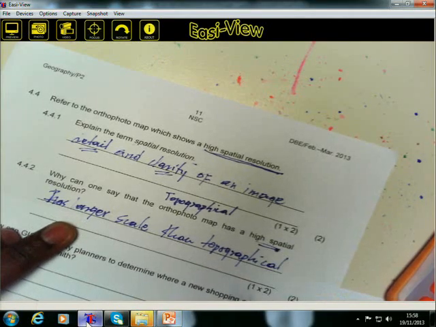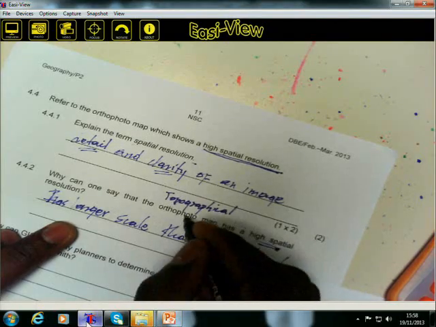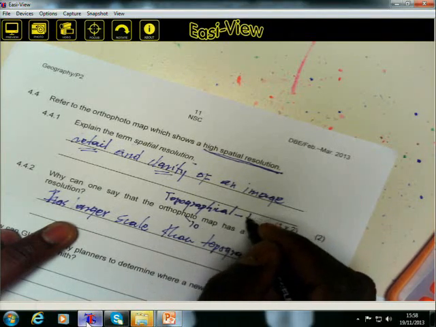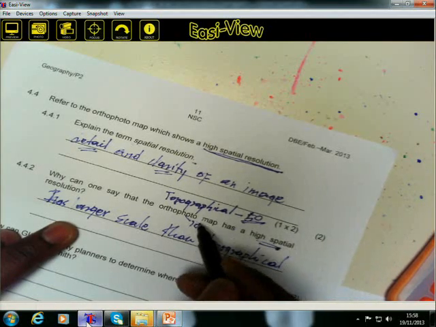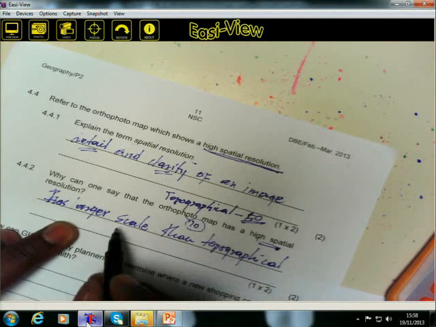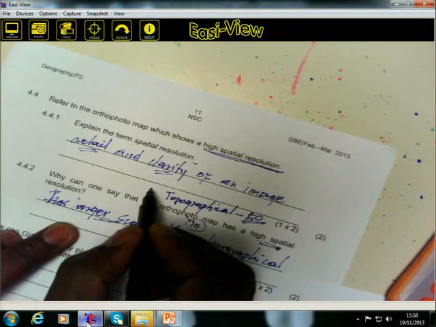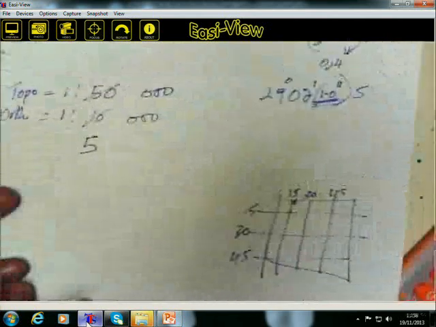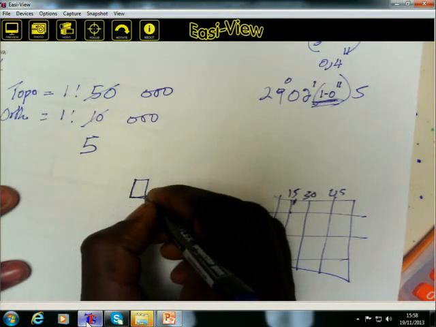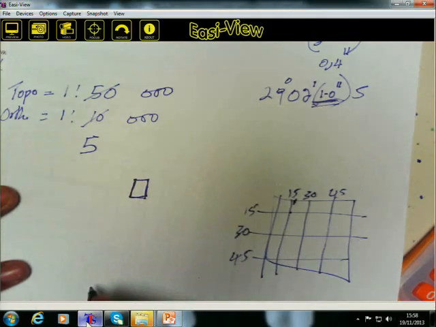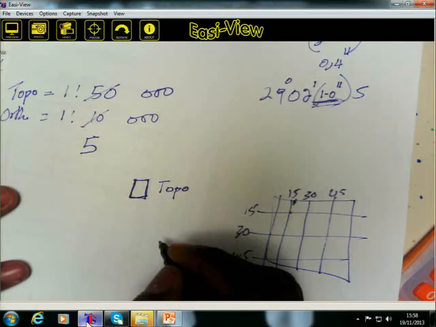It's not about numbers. It's not about numbers to say the other one is 50,000, the other one is 10,000, that this one is 10, then this one is 50, therefore, this one has to be bigger. No. This one is more detailed. It has a larger scale, because of the pictures. We'll give you an example. If on a topographical map you have a building or a polygon, this will be on a topographical.